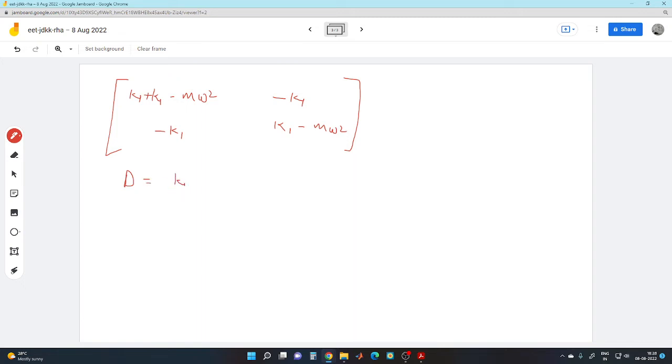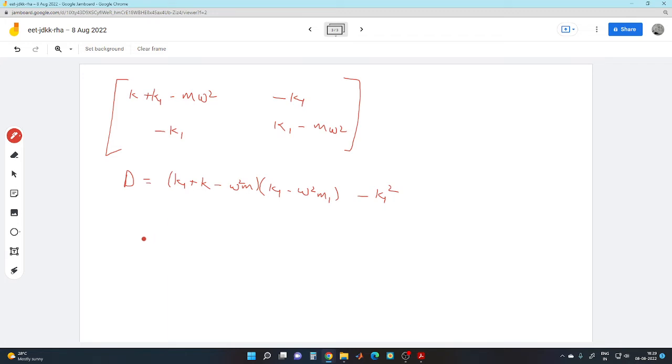D is nothing but k plus k1 minus m omega square, multiplied by k1 minus omega square m1, minus k1 square. In case of this inverse, we take the adjoint. So this term will go here, this term will go here, with a negative sign change, and then transpose.